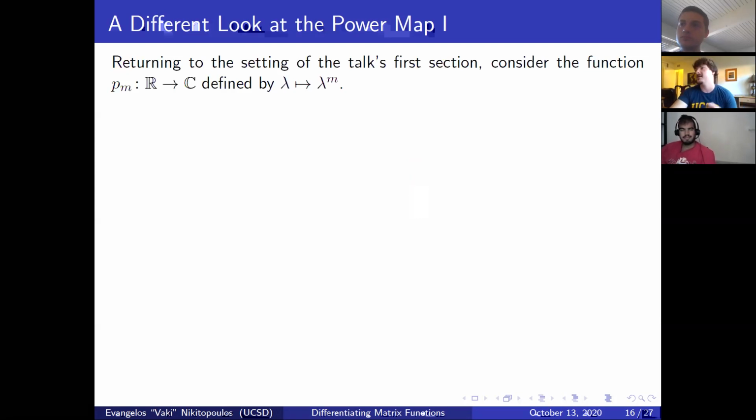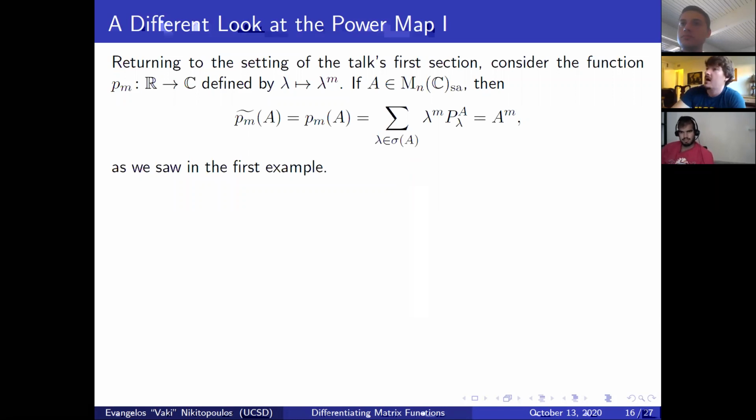If we return to the setting at the beginning, we're going to consider the function f to be p_m, which is my notation for the scalar power map, lambda goes to lambda to the m. As we showed in the first example of the talk, if you have a Hermitian matrix A, then p_m tilde of A is just the mth power of the matrix, but it has this spectral resolution: the sum over the eigenvalues lambda of p_m(lambda), which is lambda to the m, times P_lambda(A).